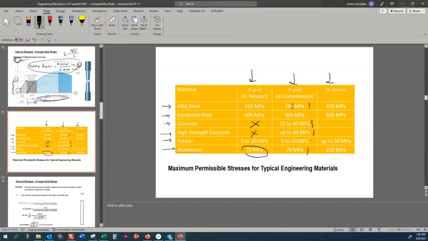Comparing this limit with the current internal stress, you can find out whether your material is below the limit, at the limit, or above the limit. If that is above the limit, too bad. At the limit, that's marginal, too critical. Below the limit, that's good, that's safe. And then you can calculate the safety factor.